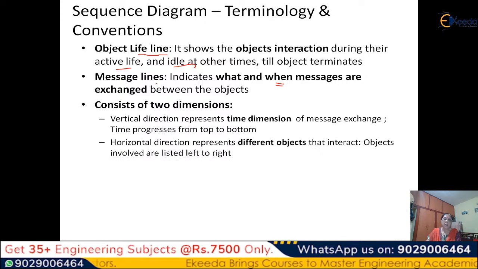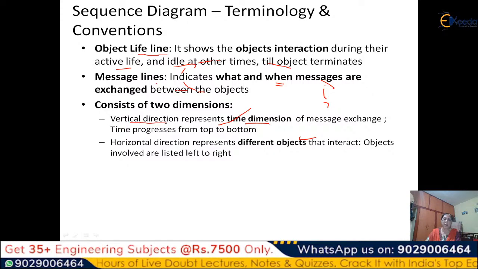It consists of two dimensions. When we draw the sequence diagram, you will find that it has two dimensions. It has a time dimension, which is basically the exchange of messages, and the vertical direction means the time. In the vertical direction, we will show the time dimension.